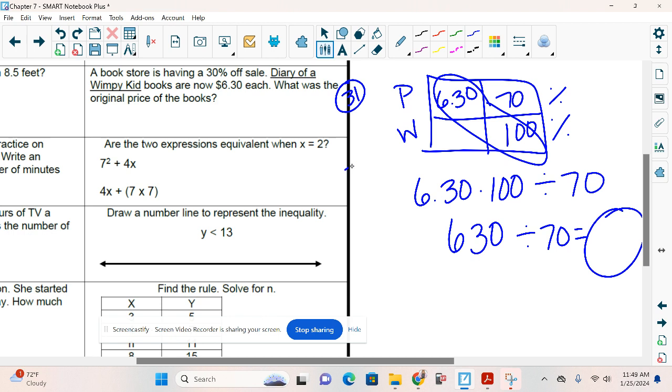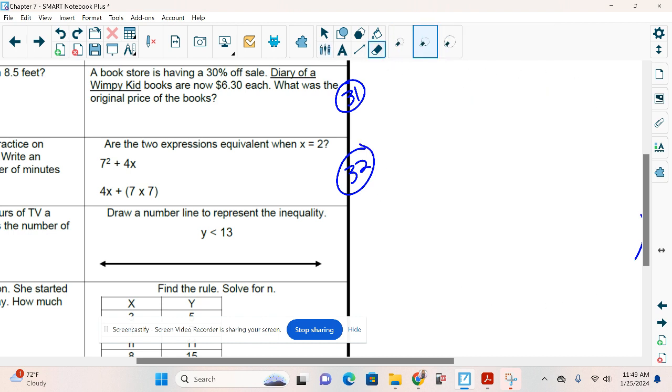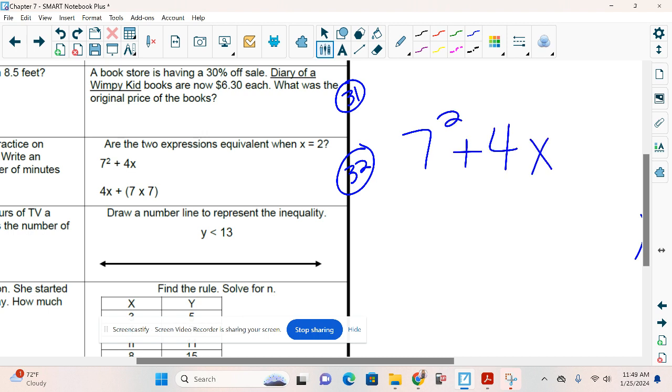Number 32. It says, are the two expressions equivalent when x equals 2? So wherever there's an x, we want to plug in a 2. So I have 7 squared plus 4x. When a number and a letter are next to each other, it means multiplication.